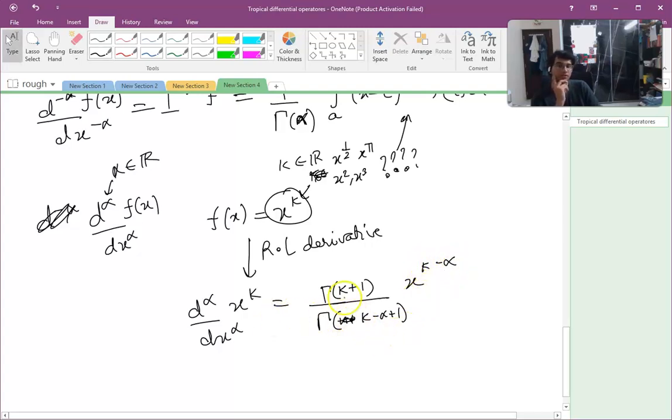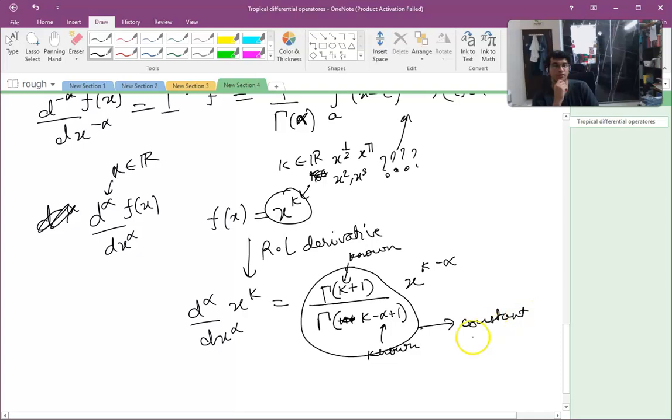This is much nicer because k is given to you, it is known, and alpha is also given to you, so in some sense this is just a big constant, or a scalar.